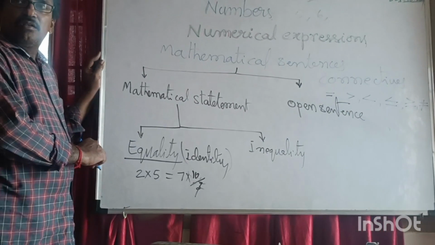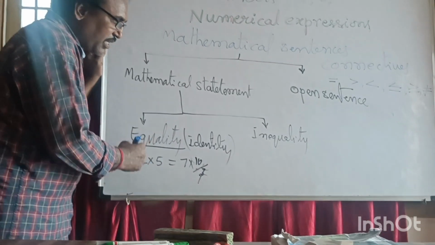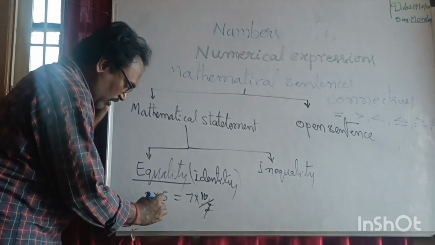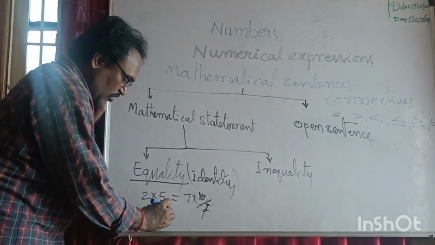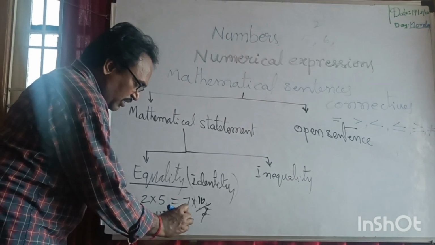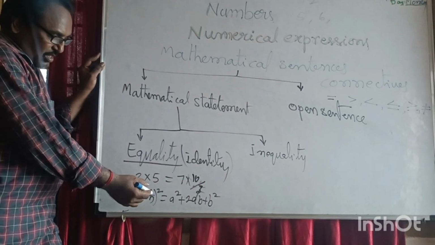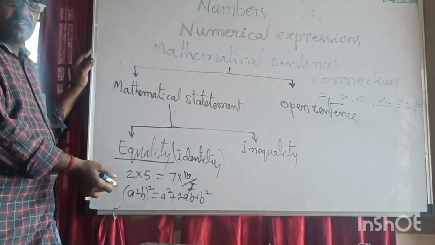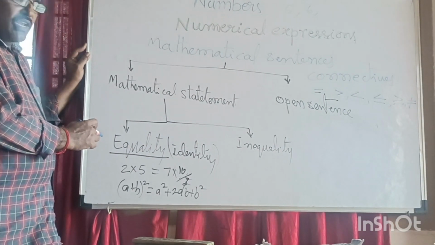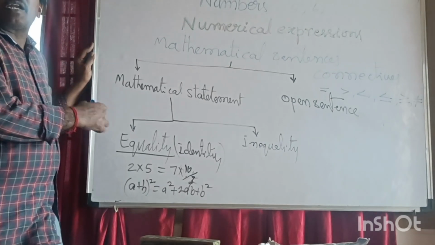This is equal. Or a plus b whole square is equal to a square plus 2ab plus b square. This is the equality. Whatever value you substitute is always true.